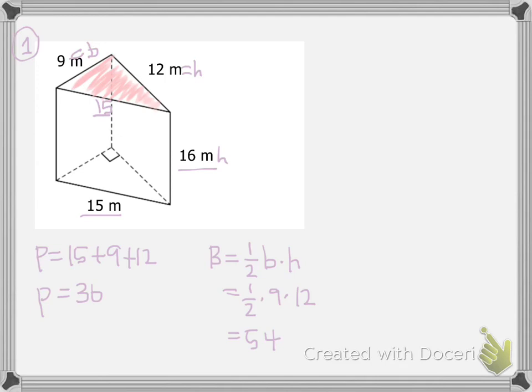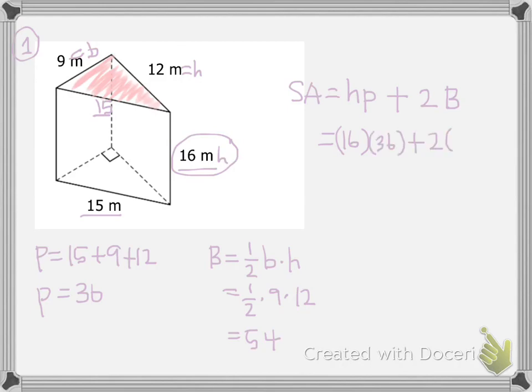So now the surface area here is going to be your hP, and your h is represented by the height between your bases, plus 2 times your B. So your height is going to be 16. Your perimeter is going to be 36.